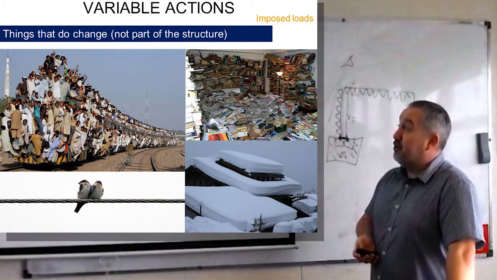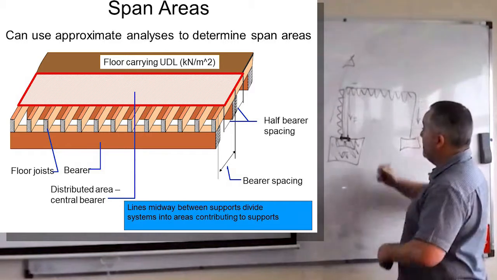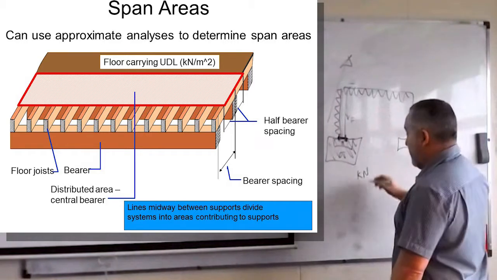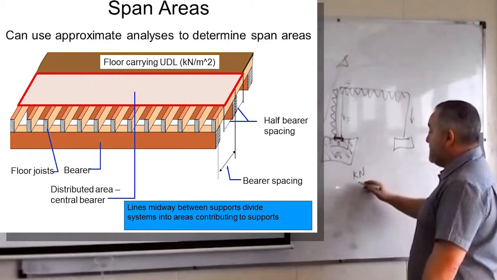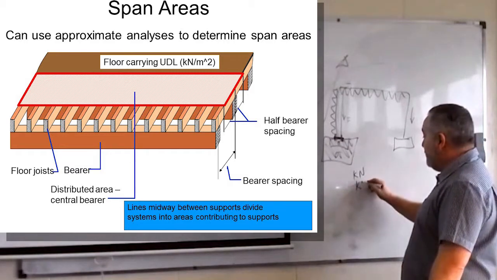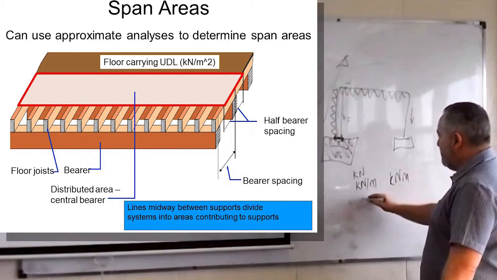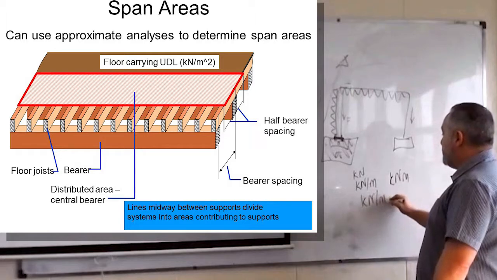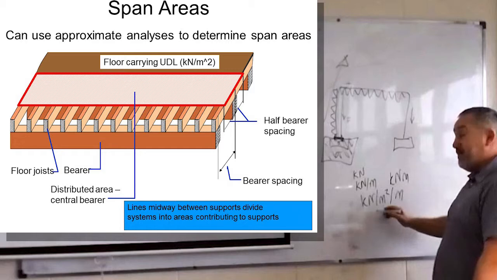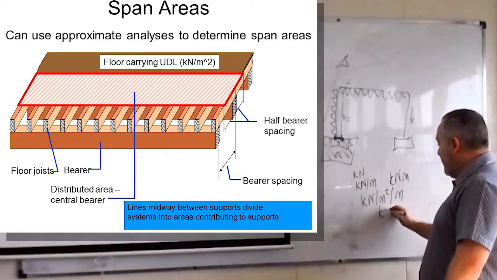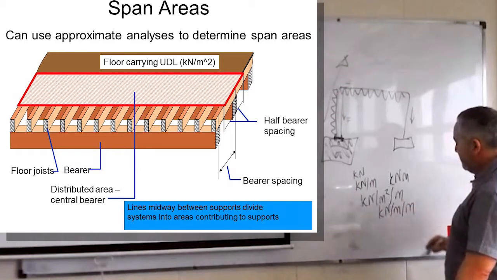In terms of your load, is it kilonewtons? Like what you've got coming down? I know that some of you may struggle with this if you've done structural mechanics with me, but is it kilonewtons or kilonewtons per metre or kilonewton metre or kilonewton per metre squared per meter, or kilonewton per meter per meter.